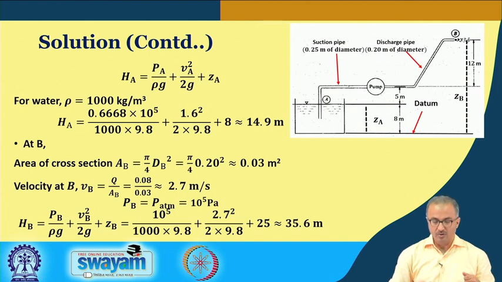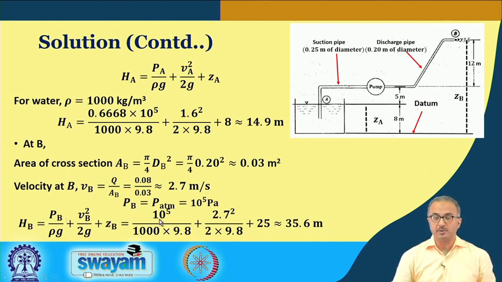Similarly, we get the pressure at point B as the atmospheric pressure, that is about 10 to the power 5 Pascal. Now, the pressure head is obtained by dividing it by the density of water, and here we have the kinetic head as V square by 2g plus the elevation, and we get the head at point A. Similarly, at point B, this is the pressure head.